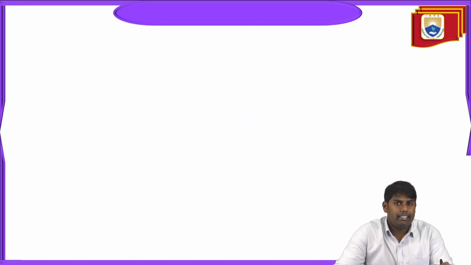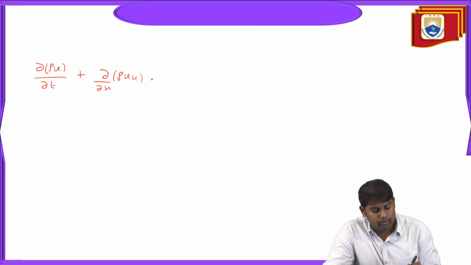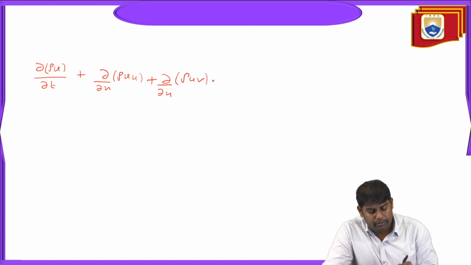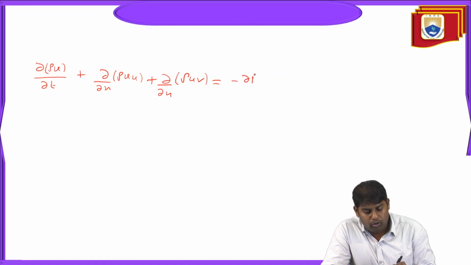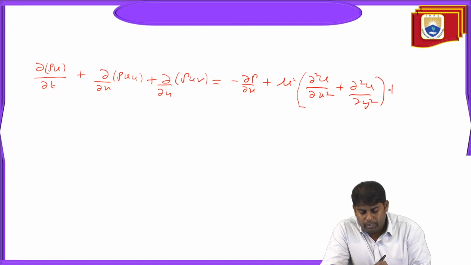So this is what we have. Let's now see a momentum equation, where we have ∂u/∂t plus ∂/∂x of (ρu²), plus ∂/∂y of (ρuv), equal to minus ∂p/∂x plus μ times (∂²u/∂x² plus ∂²u/∂y²) plus ρg.